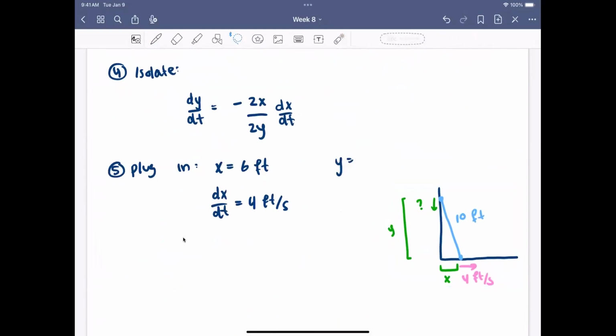Yeah, exactly. So we'll just use the Pythagorean theorem here again on this triangle with x is 6.